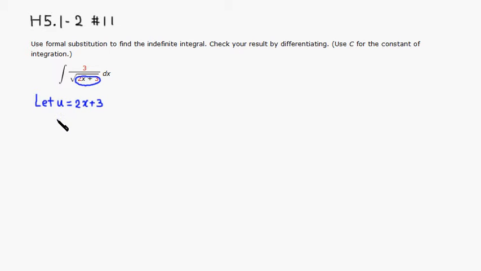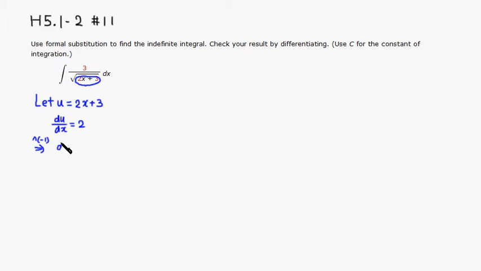Then we can just take the derivative. So du over dx is going to be the derivative of 2x, which is 2, and the derivative of 3 is 0. Then take the reciprocal of both sides.